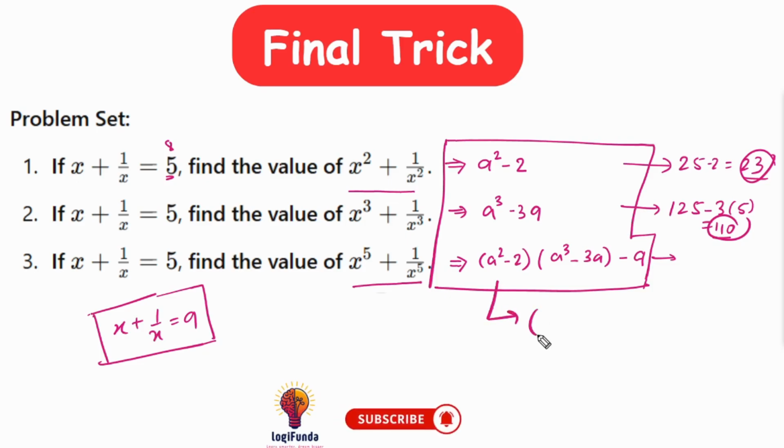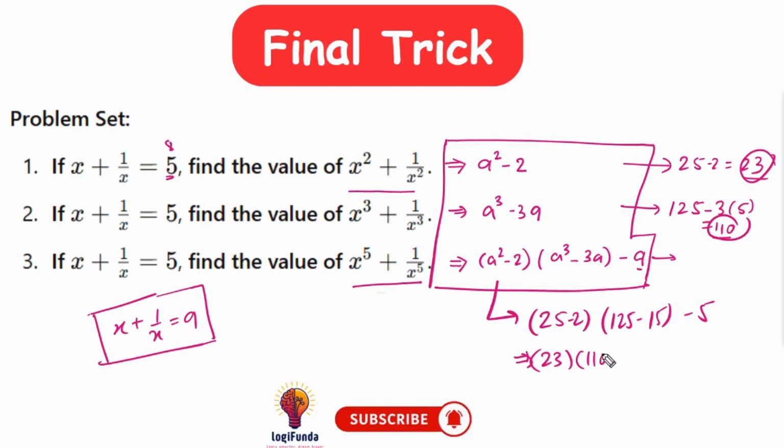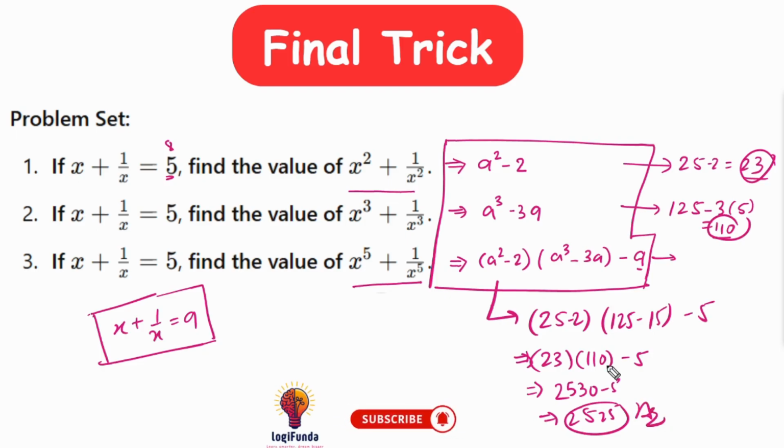Now the final one, so 25 minus 2, here 125 minus 15 and then 5, okay, so you'll get 23 multiplied by 110 then minus 5. So you have already solved this, so you'll get 2530 minus 5, the final answer is 2525. Okay, so just remember these three formulas.